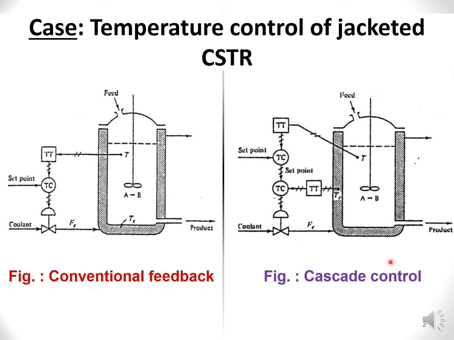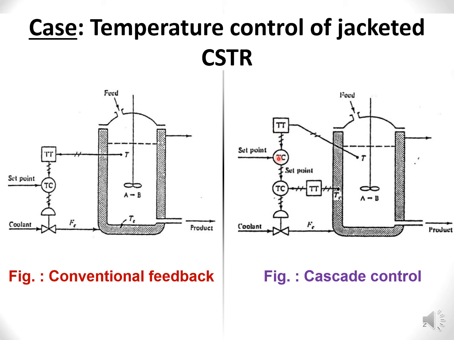So this is the cascade control. This is the normal conventional feedback loop, but this is the cascade control because we have two loops, one inside a loop. As you will see, when we start to draw the block diagram, this is another loop inside the loop, and you have basically two set points. One you set yourself, one is inside the system itself.